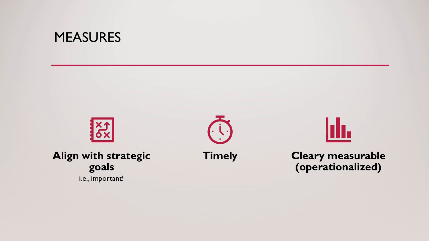So measures should be important to the agency, and they shouldn't be really easily achievable. If you can achieve a strategic goal for an agency within a couple weeks, you should probably be focusing on something else, something that can push the organization forward.